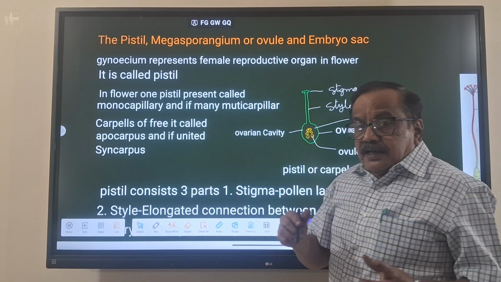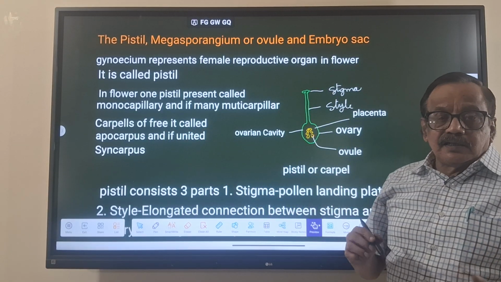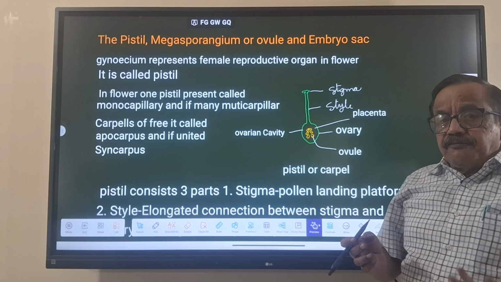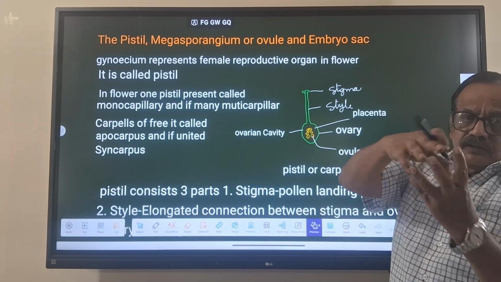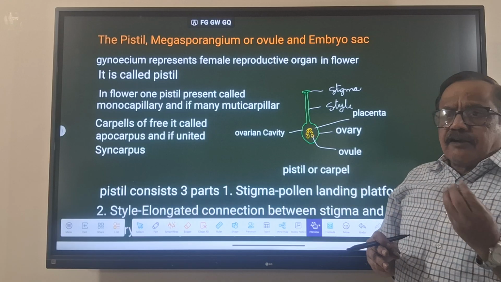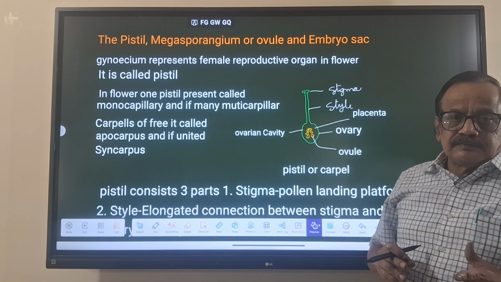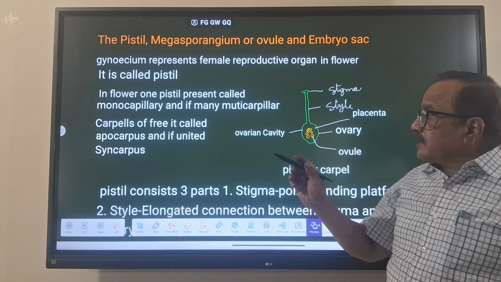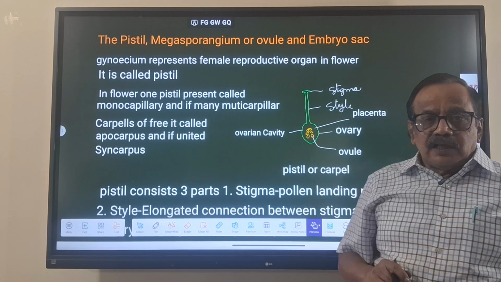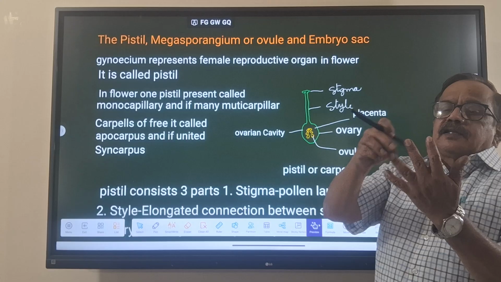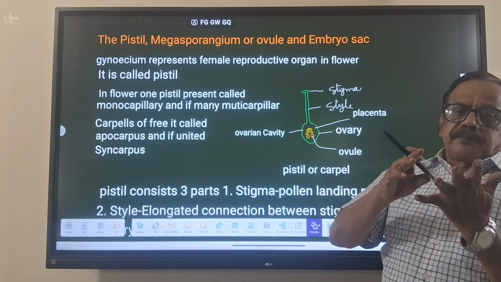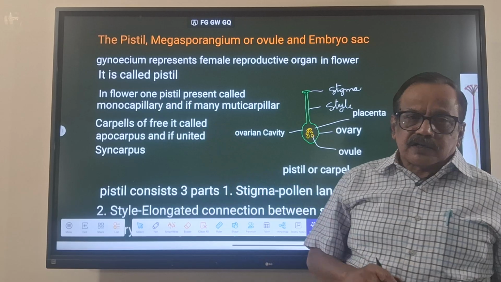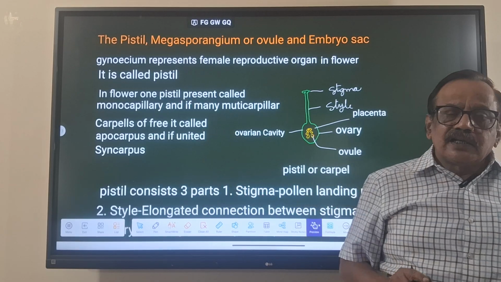If the carpels on the thalamus are fused and appear like one pistil, that is called syncarpous. If they are separate and not fused, it is called apocarpous. This is very important.